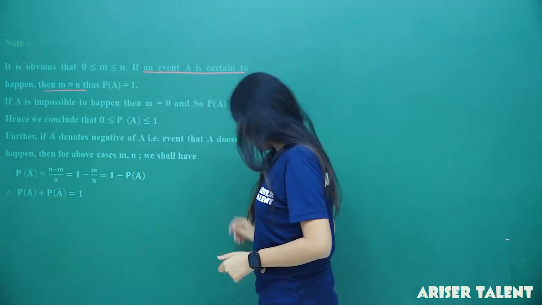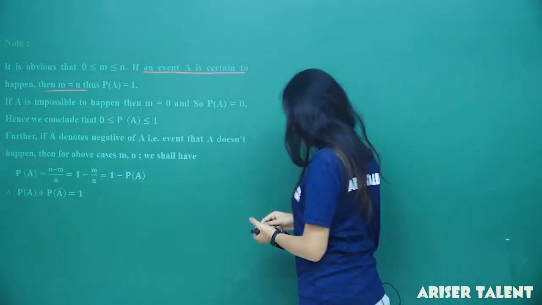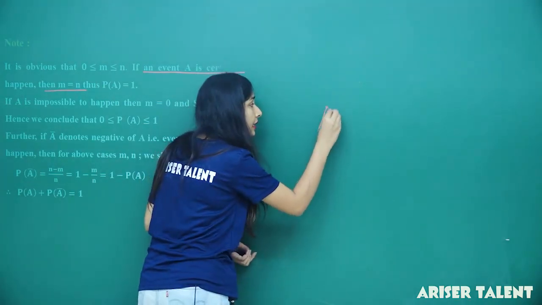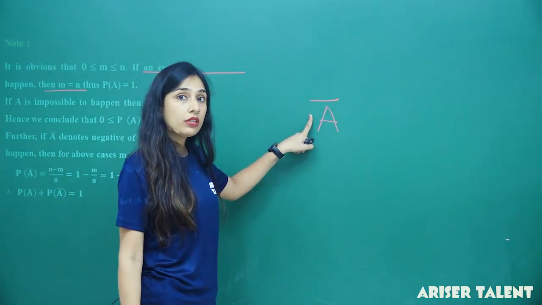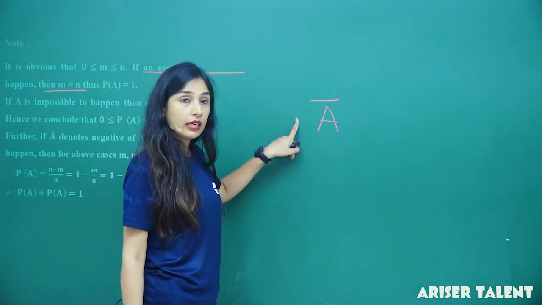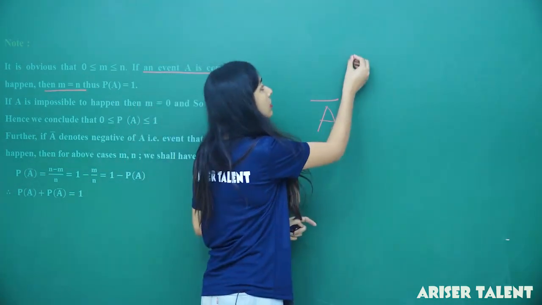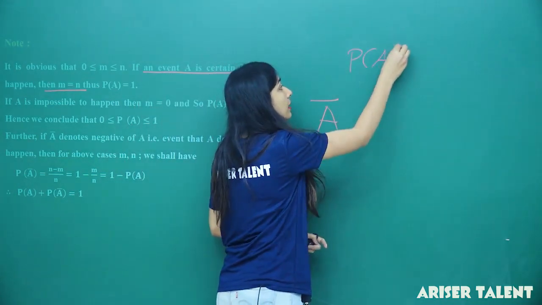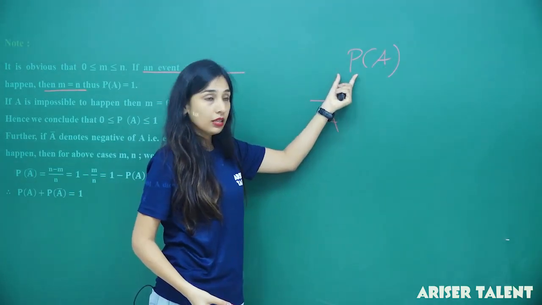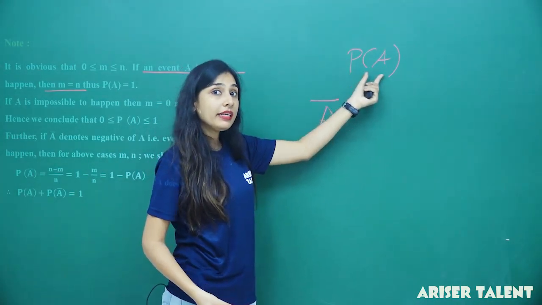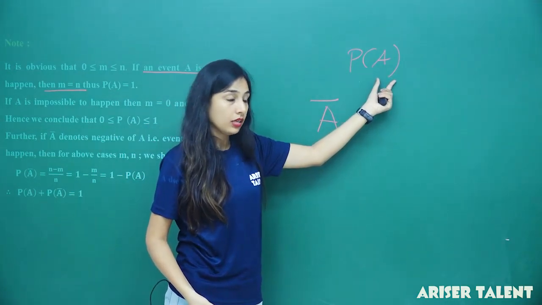Okay, now we have a certain notation here, A bar. What is the meaning of A bar? That event A is happening, so that is the probability of this event A happening.